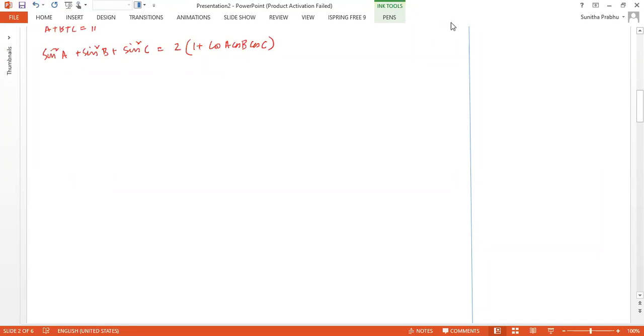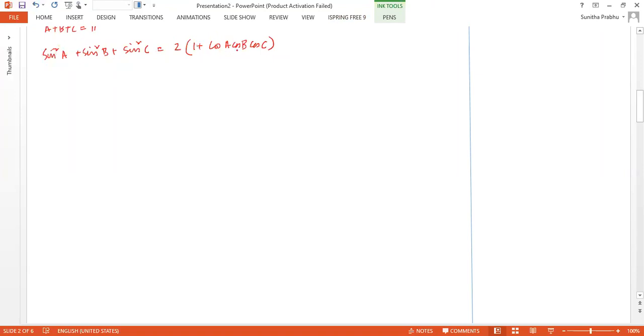If anyone is coming up with some ideas, you can tell me. Our question should be, how can I convert a sine square into a cos?